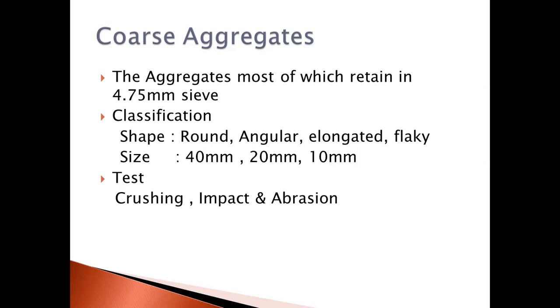The 20 mm is used in slabs, beams and concrete. The 10 mm is used in flooring. If you convert these into inches, you get 1.5 inch for 40 mm, 3 by 4 inch for 20 mm, and 3 by 8 inch for 10 mm.